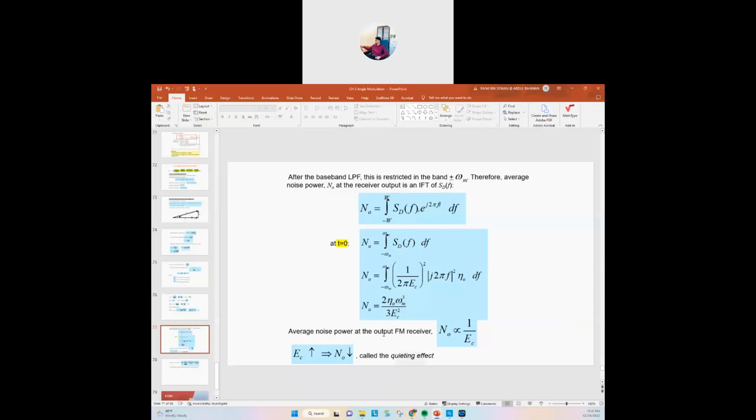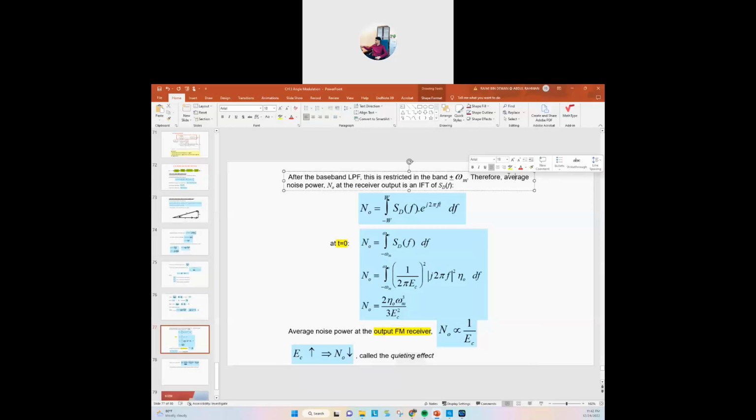So the average noise power at the output of the FM receiver is inversely proportional to E_C, the carrier amplitude. If E_C is increased, then we're going to have a low average noise power.